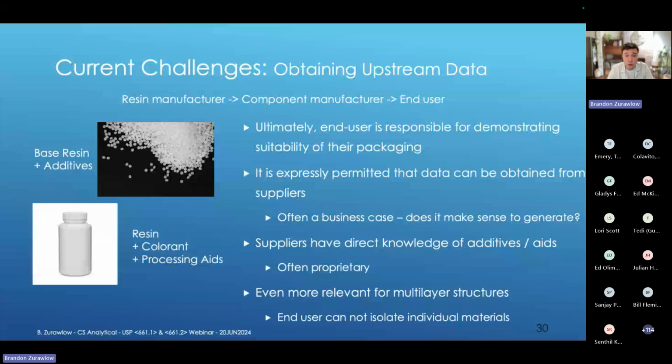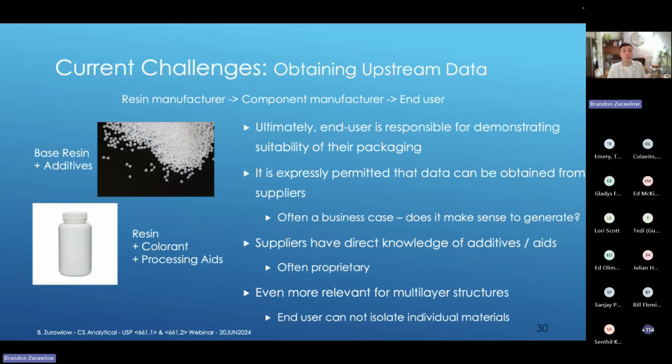Sometimes it's the suppliers only that have the direct knowledge of what that specific material of construction is. In the case of heat seal layers, that's oftentimes how they're described, as a heat seal layer, not necessarily what specific mixture of polymers and additives might be present in that layer.